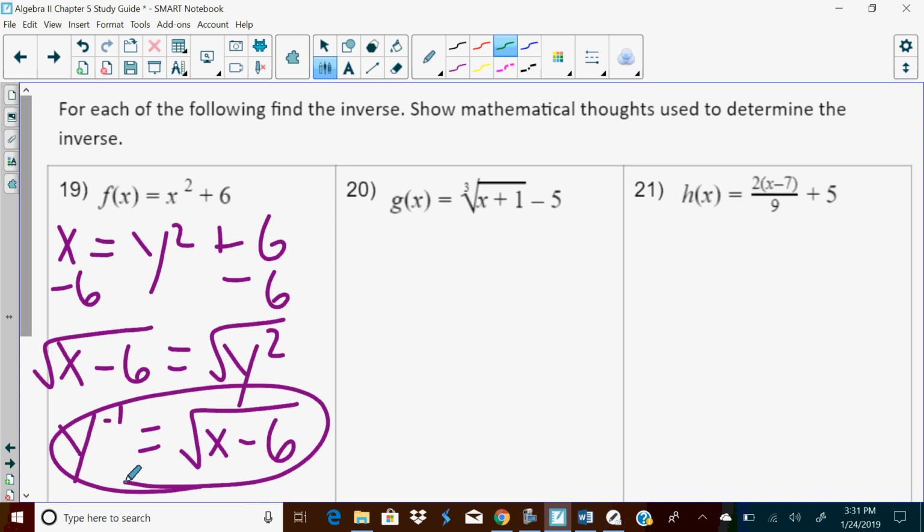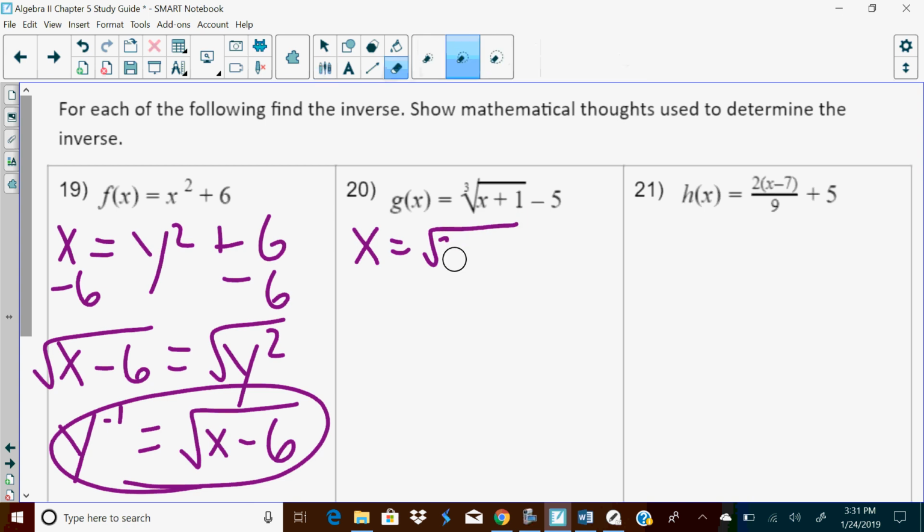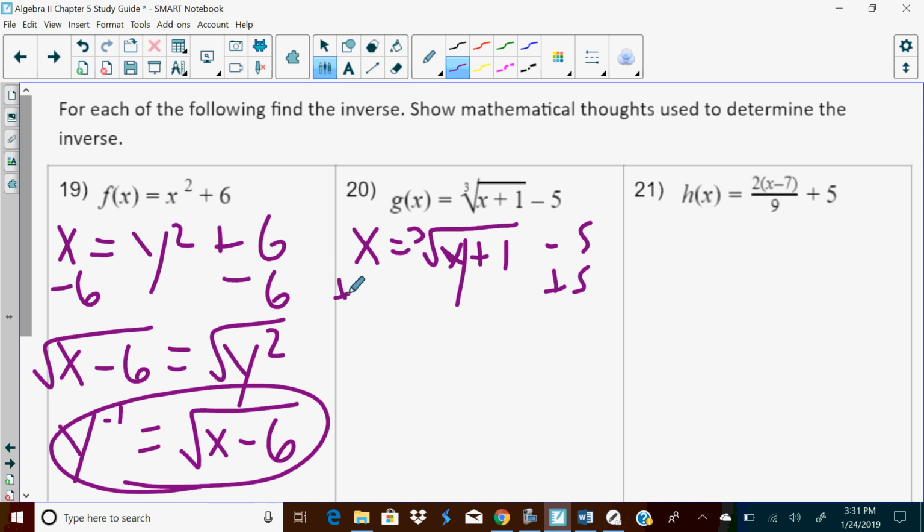So problem number 20. I'm going to get x equals the cube root of y plus 1, minus 5. So first I'm going to add 5 to both sides. So I'm going to get x plus 5.